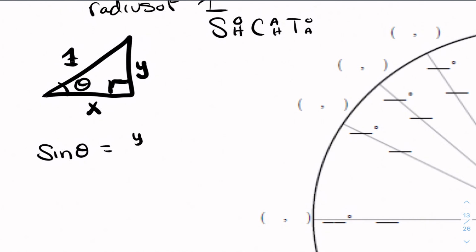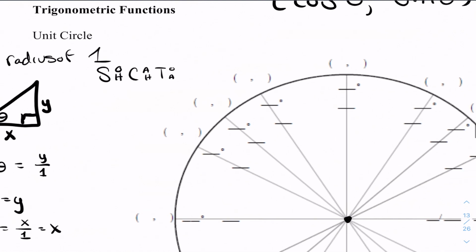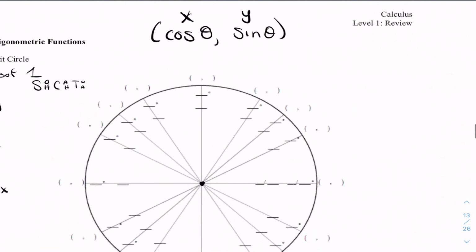Sine of our angle is y over 1. So along the unit circle, sine is the y value. Likewise, if we did cosine of theta in our picture, it would be x over the hypotenuse, which is 1. So cosine is the x value, if you remember your SOHCAHTOA.